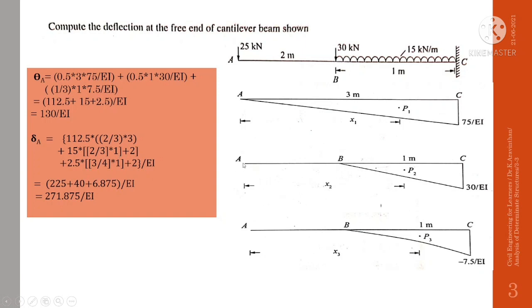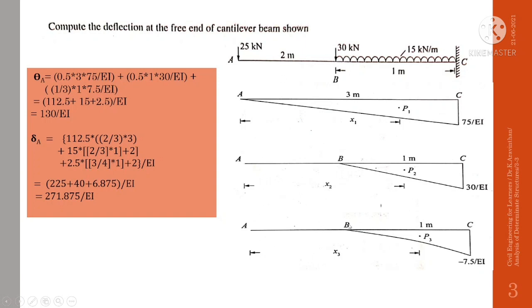You have to consider the centroid from the point A. The 2/3 of B gives you the centroidal distance to the point B. From there, if you want to consider the point A, you have to add this 2 meter.